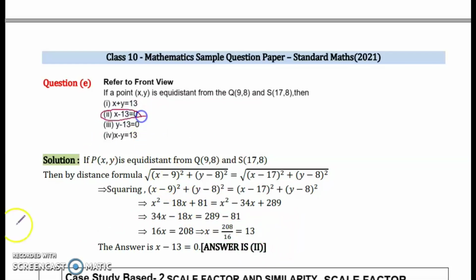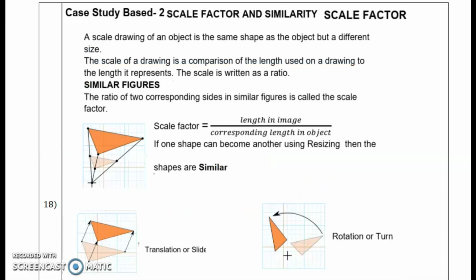Therefore, this time in CBSE, part B questions in the sample paper are mostly case study based problems. Now let us move on to the next question, the second problem. A scale drawing of an object is given.